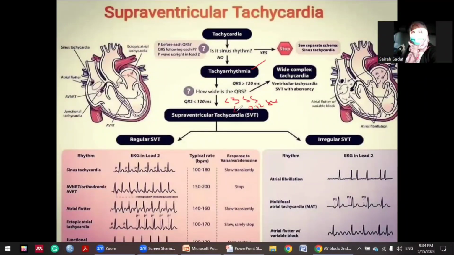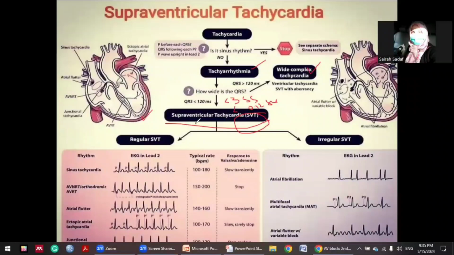We call it wide complex tachycardia when it is more than 3 small squares. Most of the supraventricular tachycardias are narrow complex, not all. And the other ones like ventricular tachycardias, most of them are wide complex tachycardias.